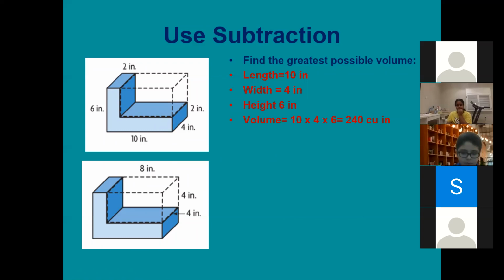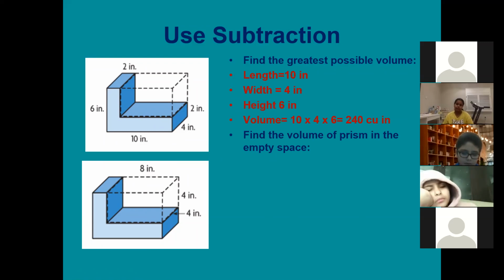From that, you will remove this dotted rectangular prism's volume. Then you will get the volume of the L-shaped prism. Now, find the volume of the prism in the empty space. The width is the same, 4.